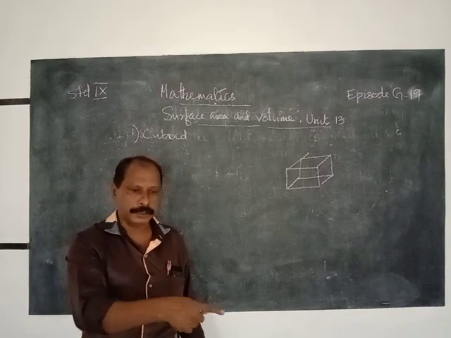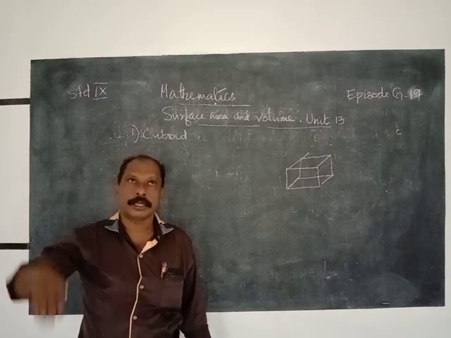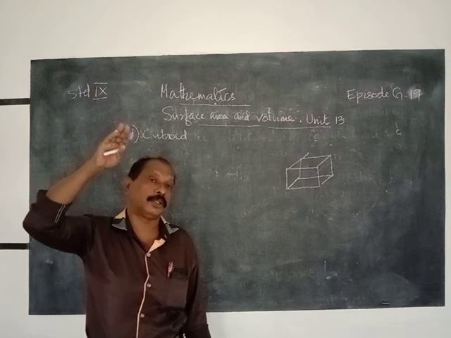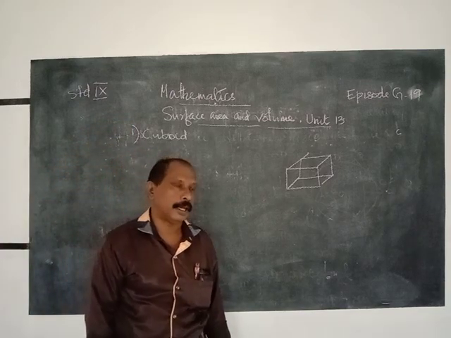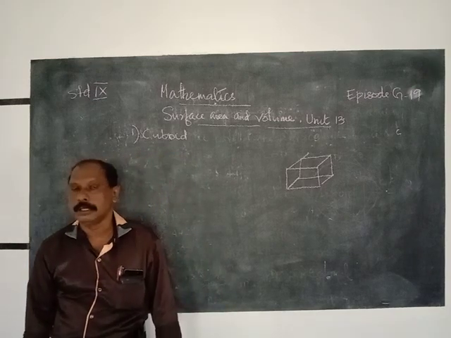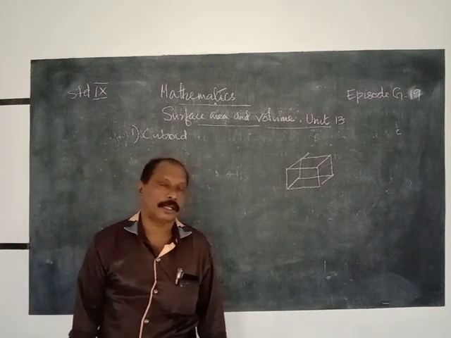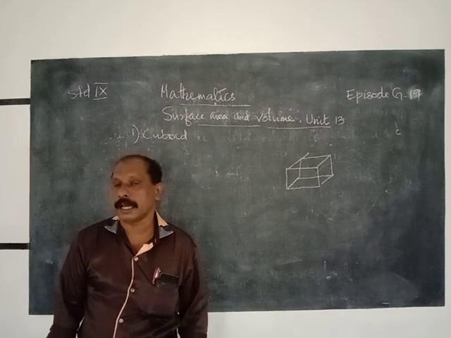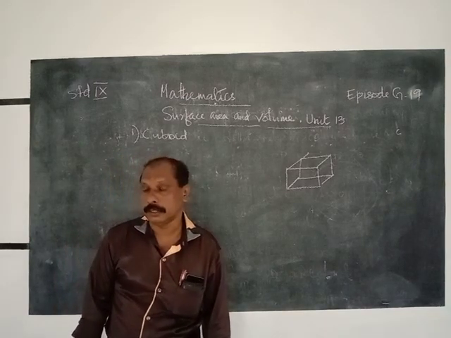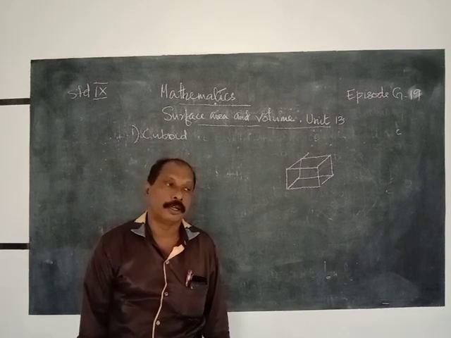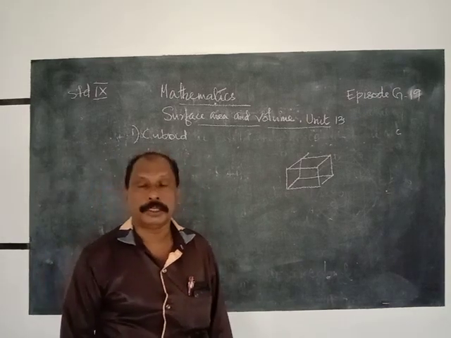That means there is a base, that is a rectangle, and another base on the top, which is the same as that one. And all the surfaces on the sides are four surfaces with rectangles. Therefore, two bases and four lateral surfaces. Sorry, 4 plus 2, 6 surfaces for that cuboid.